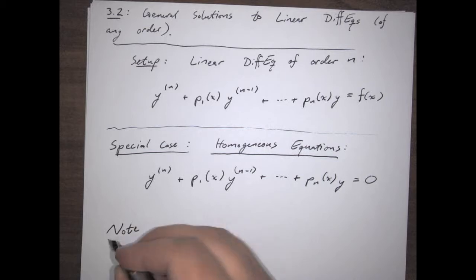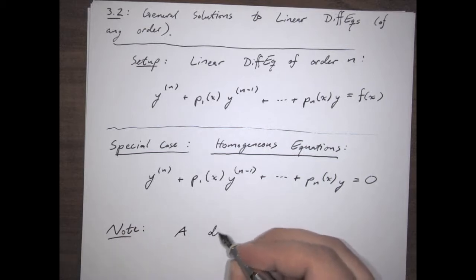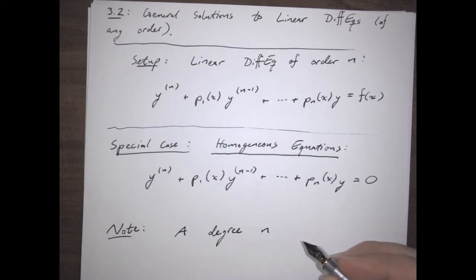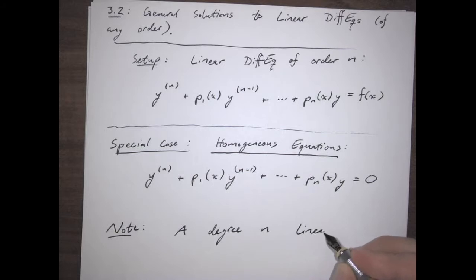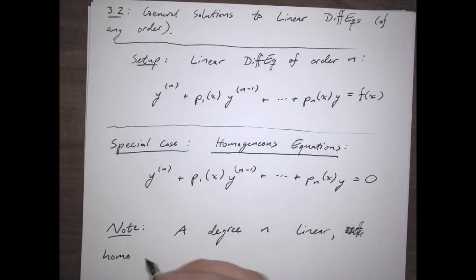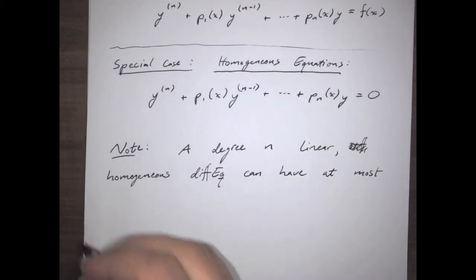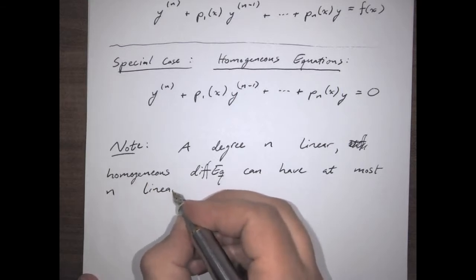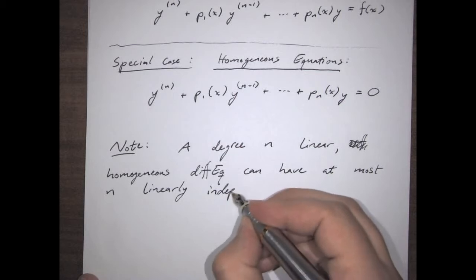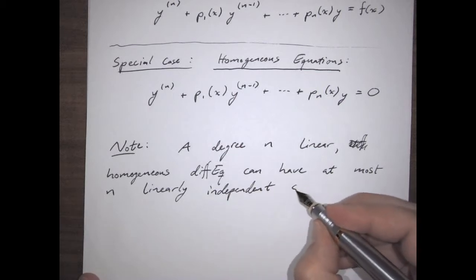So here's a note. A degree n linear, I should say linear homogeneous differential equation can have at most n linearly independent solutions.